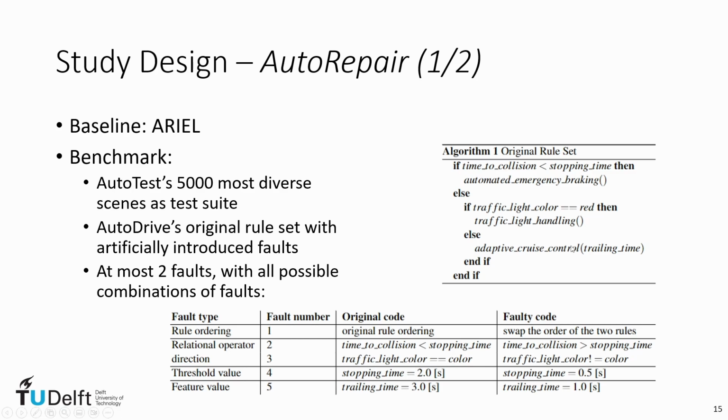In the original code, we may have the trailing time of the adaptive cruise control at 3 seconds. In the faulty code, we might put it to 1 second. That would mean that the car is only keeping a 1 second safe distance from the car in front of it. Now, that doesn't sound very safe. So that's how we would introduce faults.